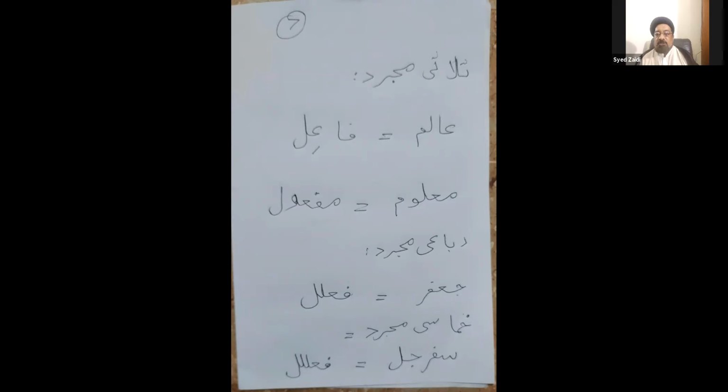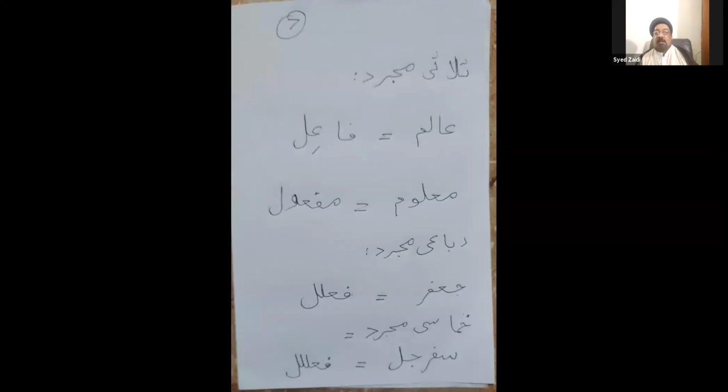Because ra also is from the root word, which consists of 4 letters. So this word itself is a root word of 4 letters, where jim is also huruf asli, ain is also huruf asli, fa is also huruf asli, ra is also huruf asli.